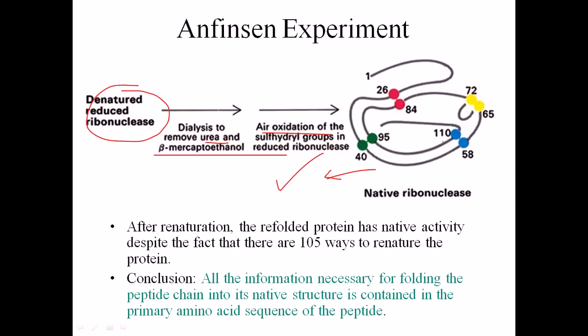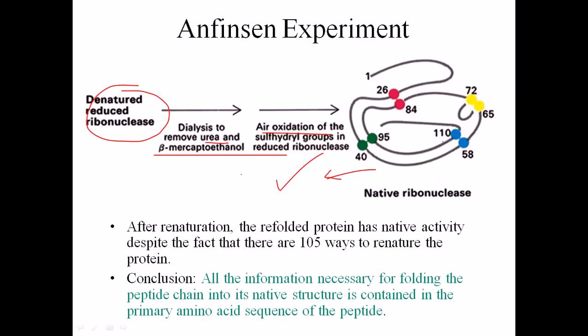So what he did in this case was take a ribonuclease, disrupt its structure to make it denatured, then remove the agents which had denatured this ribonuclease, and that eventually turned the ribonuclease back into an active conformation. So after denaturation, it can still possess the same activity.